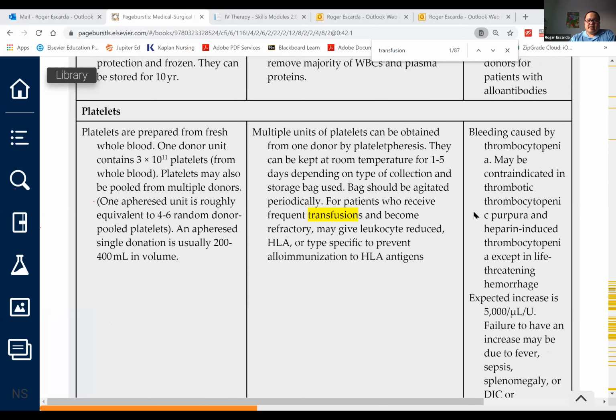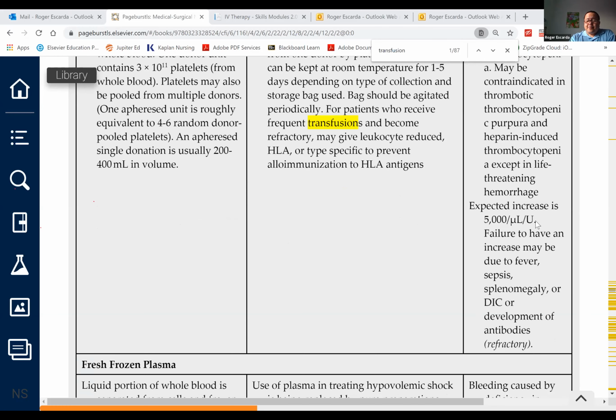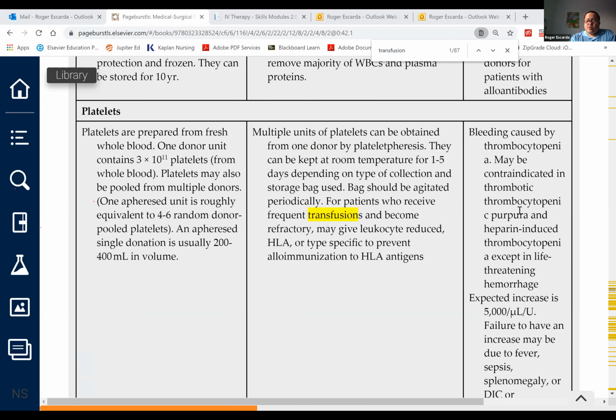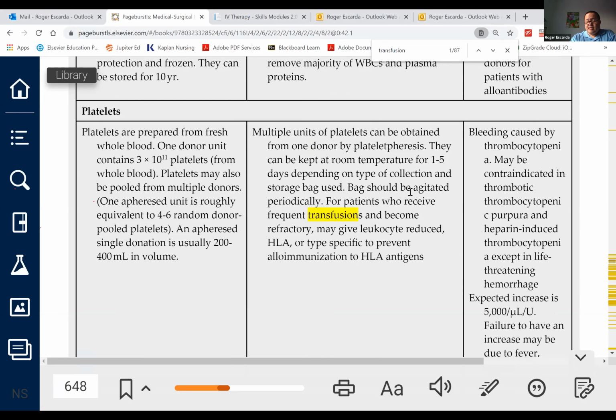Platelets, because of the lifespan of the platelet, they're not routinely transfused. They're not easy to donate either. The donor does apheresis, and a typical donation lasts anywhere between 2 to 3 hours, so it's not easy to get it.